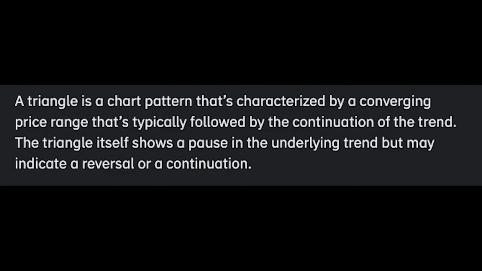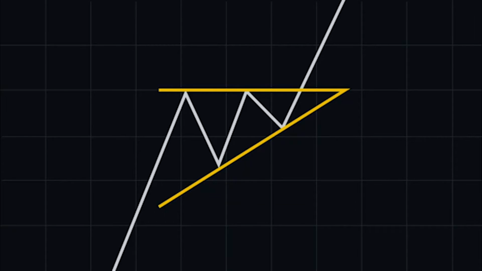The triangle itself shows a pause in the underlying trend, but may indicate a reversal or a continuation. And there are some identifying characteristics of these triangles that we can use to our advantage to give us an insight into whether the pattern is going to continue in the trend that it is currently in, or if it is going to reverse in the opposite direction.